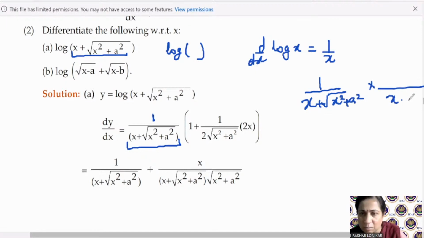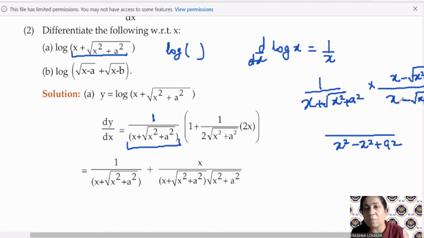This is x minus under root of x square plus a square upon x minus under root of x square plus a square. The denominator will simplify to x square minus x square plus a square, because this becomes a minus b into a plus b, and this gets cancelled.